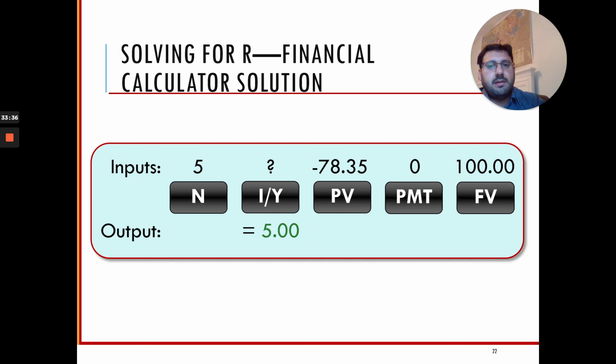You simply plug in 5 for n. For the interest rate, you are not going to plug anything, because this is what you need to find. Present value you plug in minus 78.35. Payment is 0, because these are not equal payments. We are only dealing with a lump sum payment. So future value is 100. So the interest rate is 5%.